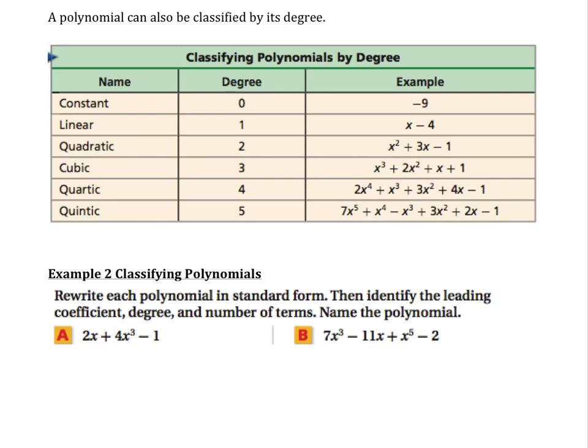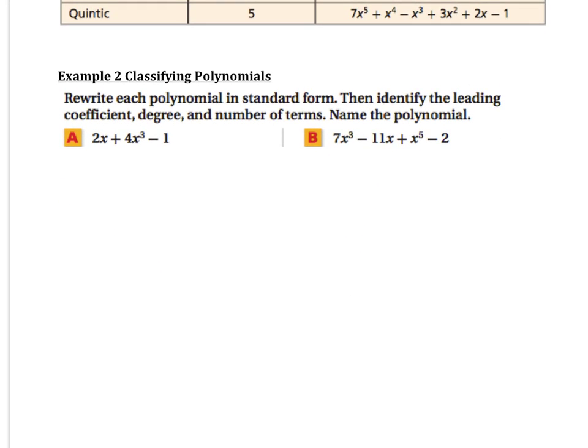Okay, so moving on, we're going to classify our polynomials. We're first going to write our polynomial in standard form, identify the leading coefficient, the degree, and number of terms, and then we're going to name it based on that information. So the first thing we need to do is write it in descending order. The leading coefficient would be 4.